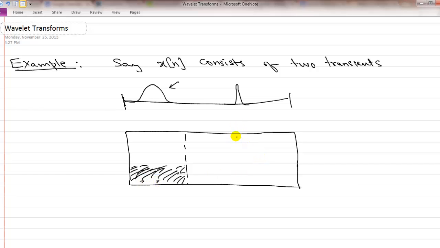And then in this region, you have this transient, which is really sharp, which means that this part of the signal has mostly high frequencies. Right? So if you were to look at the spectrogram, which is just the magnitude squared of your short time Fourier transform, you'll probably see some energy in this region.